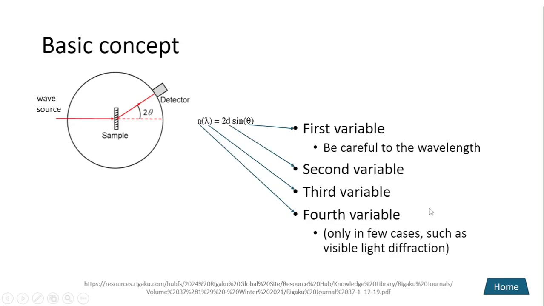And also a little bit about the refinement: this X-ray diffraction follows the Bragg equation, and there are many variables. For example, the first one is theta, the position of the peak of the diffraction pattern, and also there is d, the lattice parameter, and a parameter of the wavelength, and the index of diffraction.